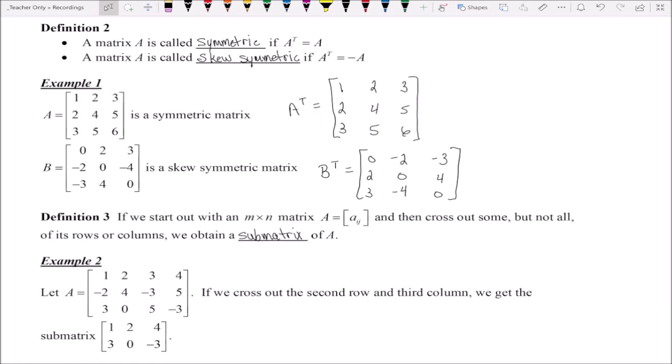Cross out the second row and third column.